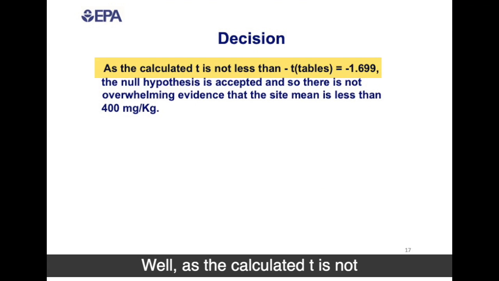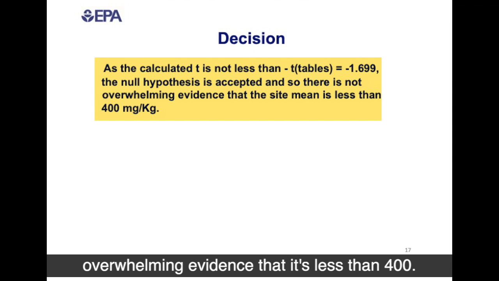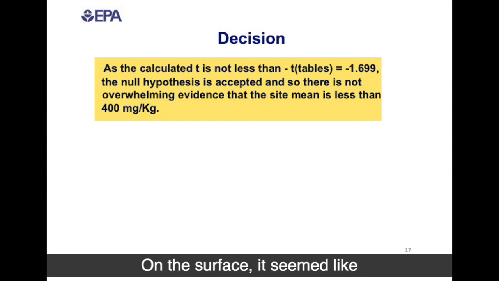Well, as the calculated t is not less than the t from tables, and if you look up the t from tables, it's on the back of your thing there, you suddenly say, well, there's not overwhelming evidence that it's less than 400. On the surface, it seemed like the value that you got, 379, was indeed less than 400.